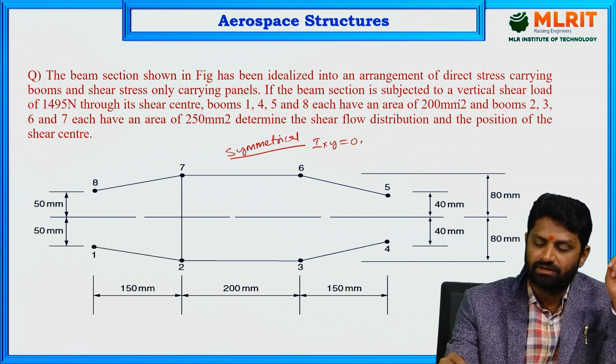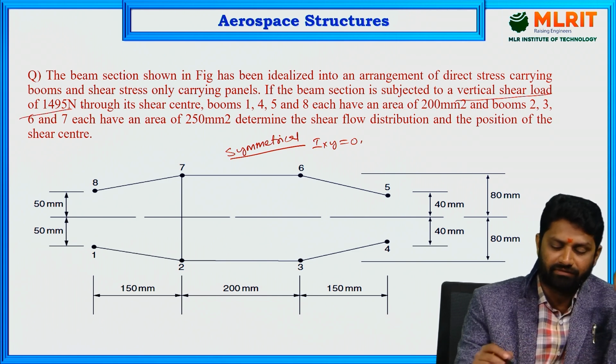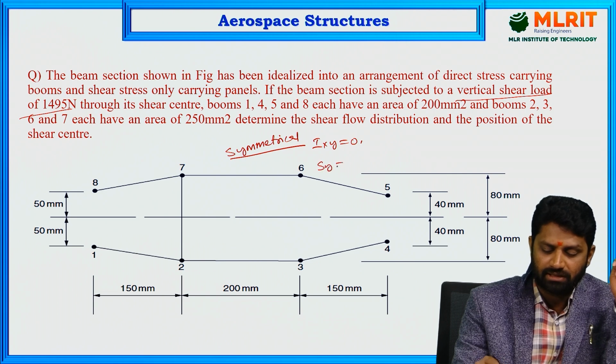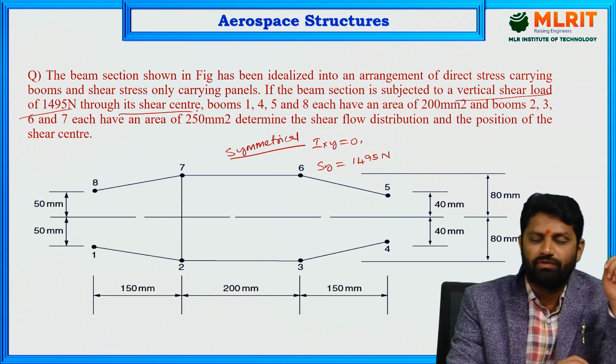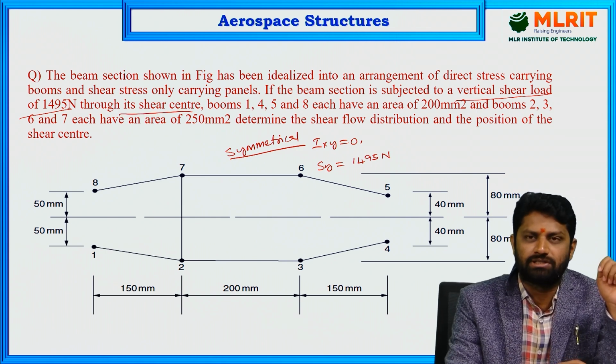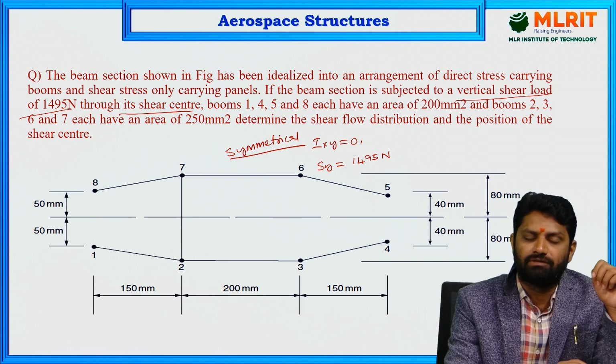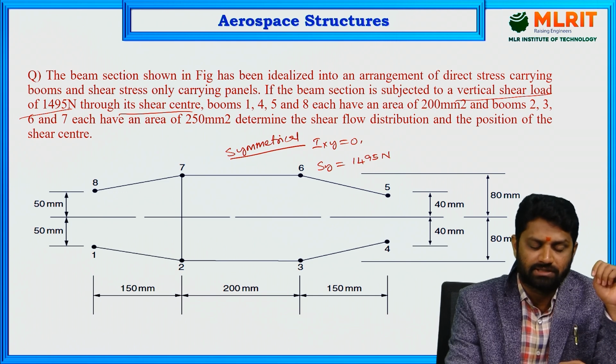He has given a vertical shear load of 1495, so you can consider Sy equals 1495, and it is acting through its shear center. Whenever the vertical load acts through the shear center, we can consider that the twist of the section is 0. That is, there exists no twist about the shear center.